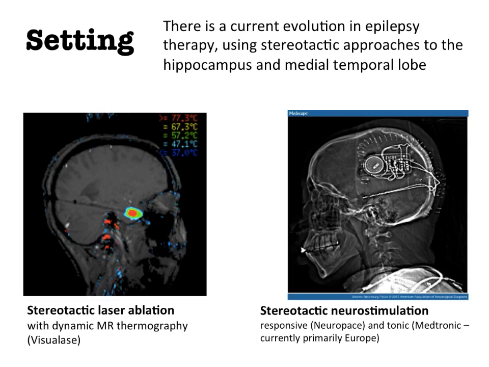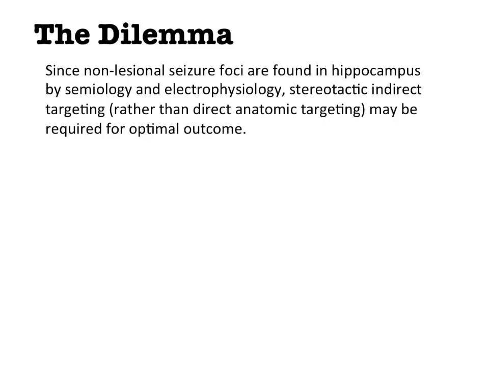In this case, it's the NeuroPace device, which triggers stimulation based upon detected seizure events. But there's also use of tonic stimulation, or stimulation all the time, with the Medtronic device, and this is currently primarily in Europe.